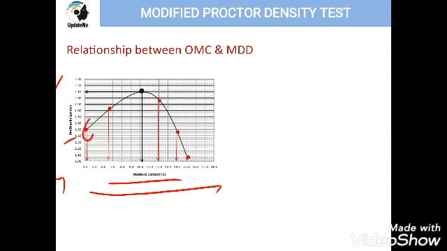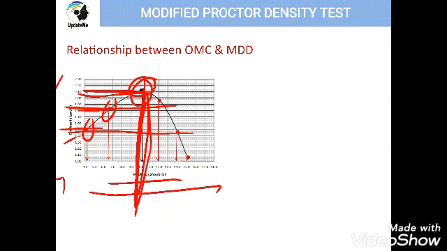Corresponding to different moisture content, the dry density will be different. But at this point we can see the density is maximum, and this moisture content will be called the optimum moisture content, and the density will be called the maximum dry density. So this one is the curve. At optimum moisture content we will find the maximum dry density.